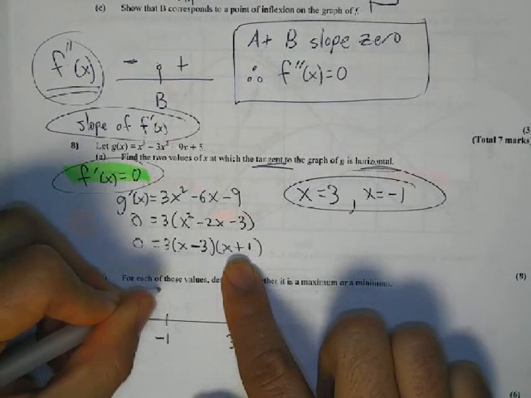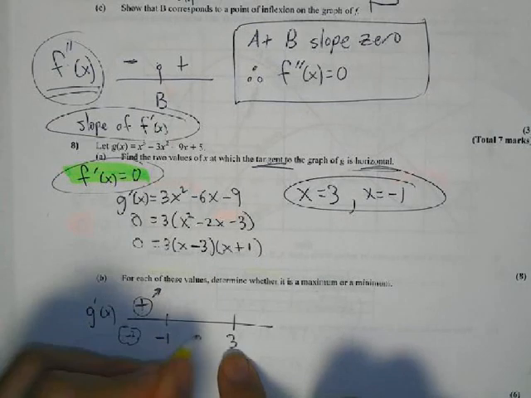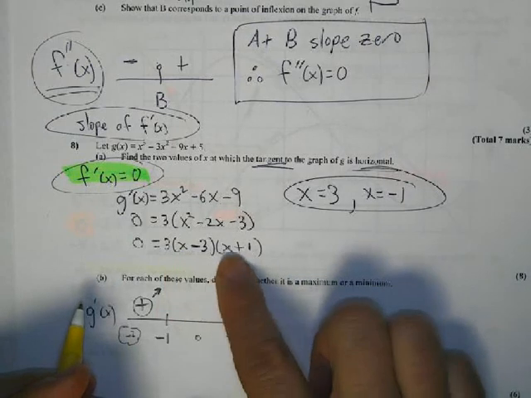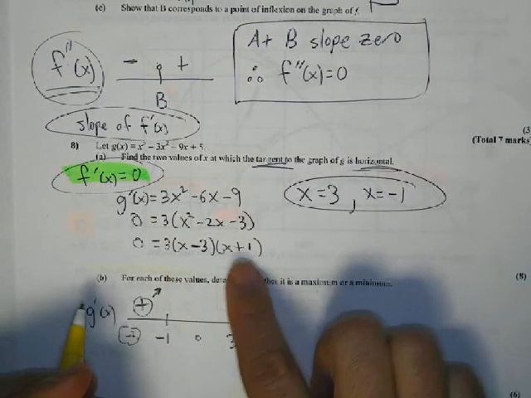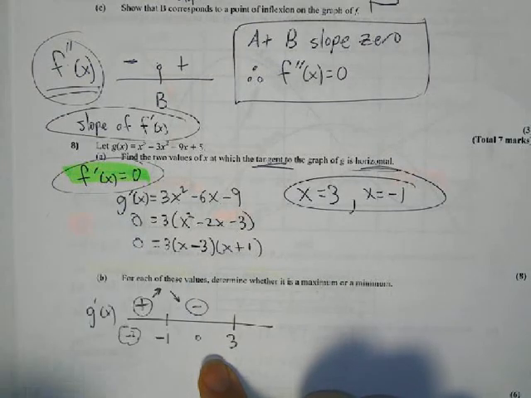So we have a positive slope. If I plug in something between negative 1 and 3, like 0, I have negative 3 times positive 1. Negative times a positive gives me a negative value. The slope is down.